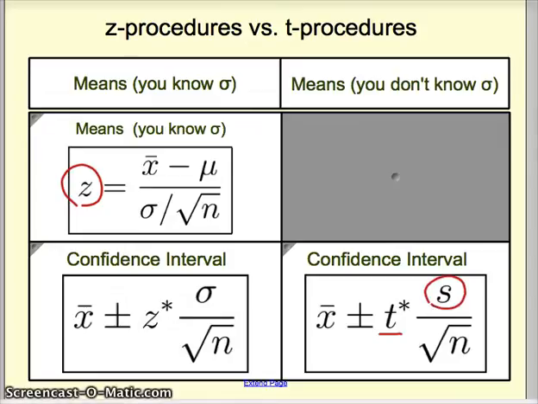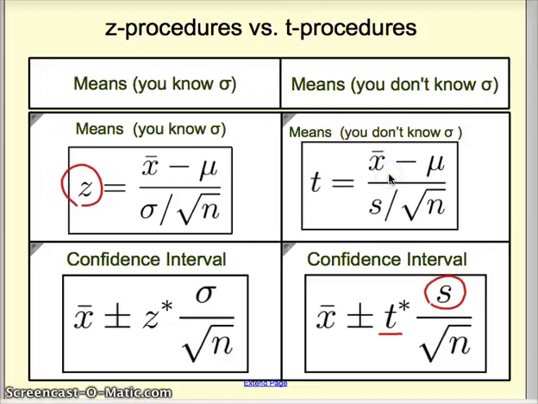Well, the logical next step is then to do significance testing, which still involves a test statistic, which tells us how far away a piece of data is from our expectation, or the mean from a sampling of data is from our expectation. And so now we have what's called a t test statistic, and it's x bar minus mu over s over root n, and we now use t.